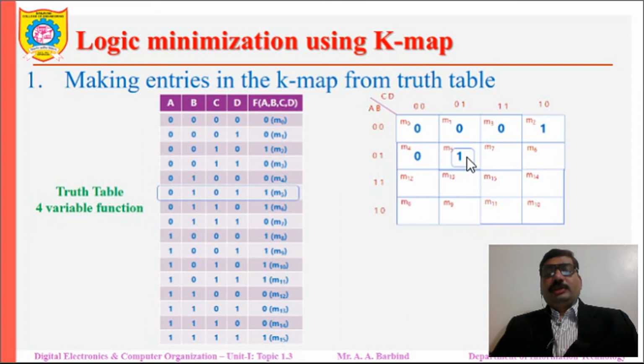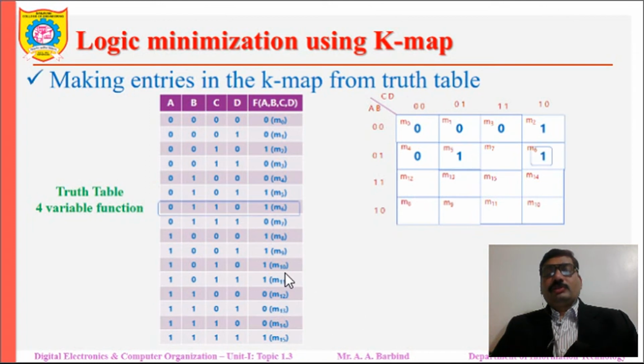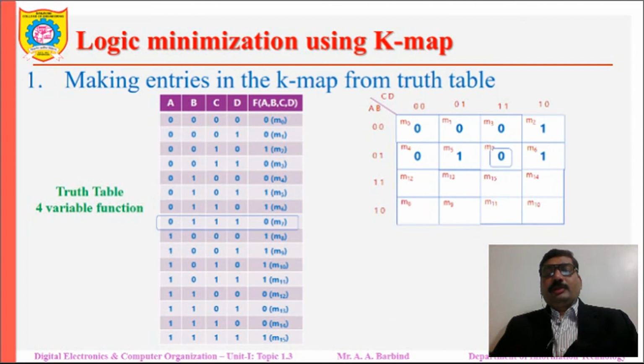Now the entry for 0, 1, 1, 0, the next entry, will go into this particular cell. Then the entry corresponding to the minterm M7, which is for the input 0, 1, 1, 1, goes to this particular cell. Now you can see that the next row is 1, 0, 0, 0, so AB is 1, 0.